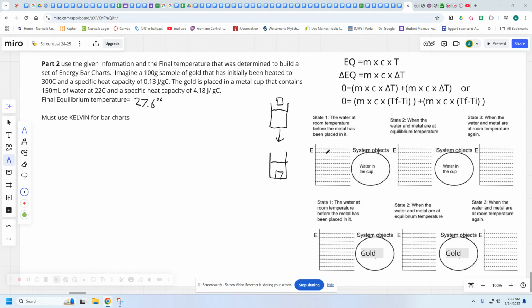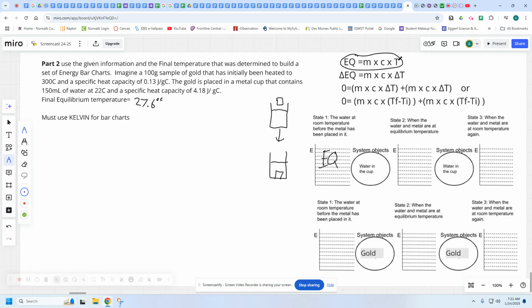So if I want to figure out how much EQ is stored in the water in state 1, I need to find out not the change in EQ, not the equilibrium transfers between like we did in the last problem, but I just need to use regular EQ to find out what the EQ is at some certain temperature at some moment in time.